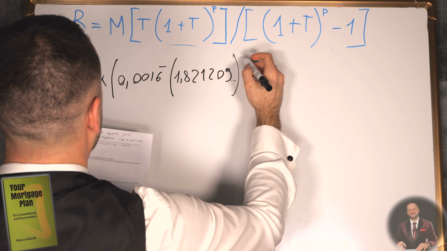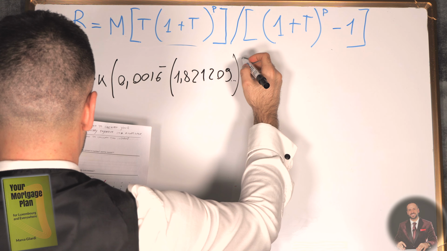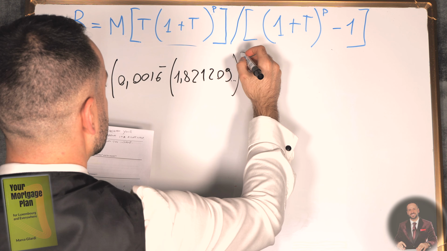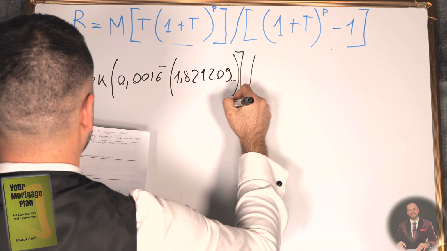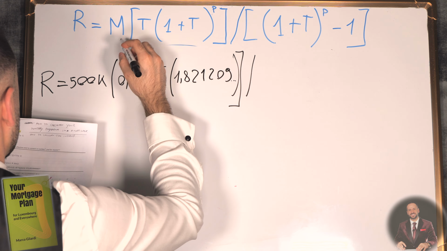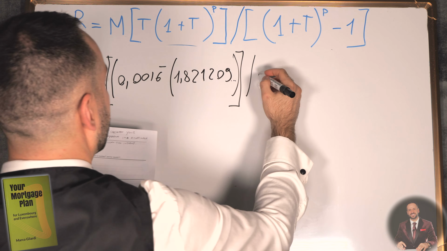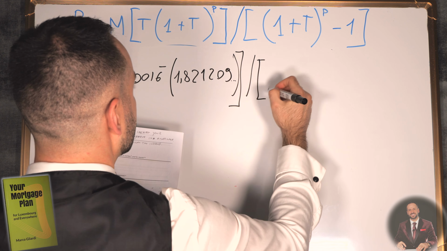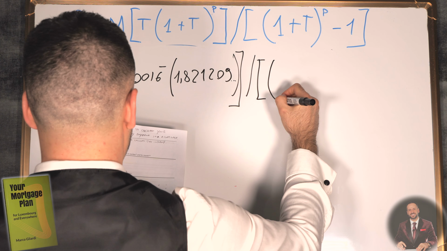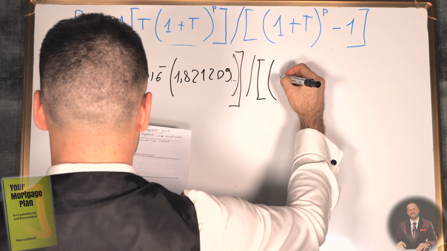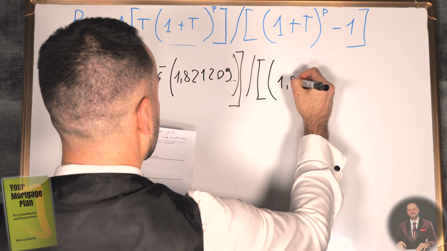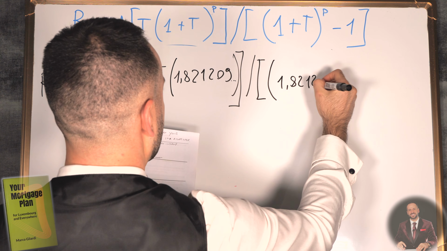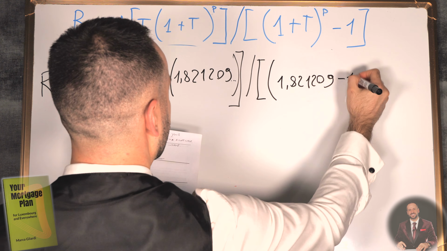Then we have this one, which is like this. Then we have divided here, and here is important, this one. Divided the same thing, which was our one. Let's use the same 9 minus 1.